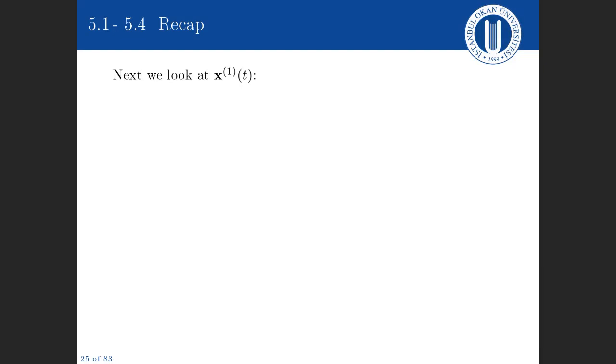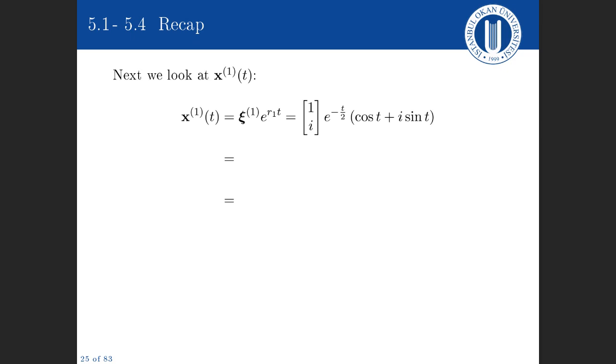Next, we want to look at x1, the solution that we get using the first eigenvalue and the first eigenvector. That's eigenvector e to the power eigenvalue t, or (1, i) e to the power minus t over 2 (cos t plus i sine t).